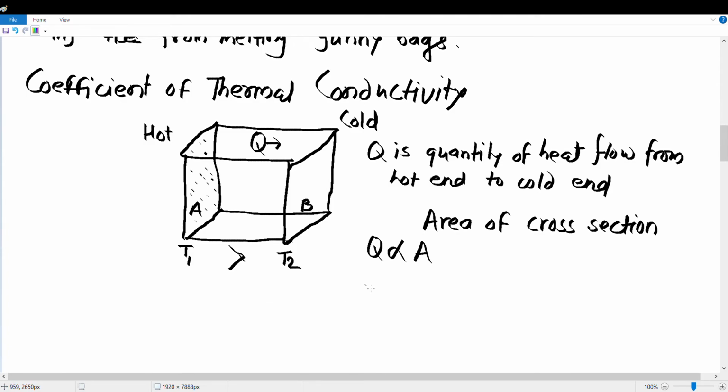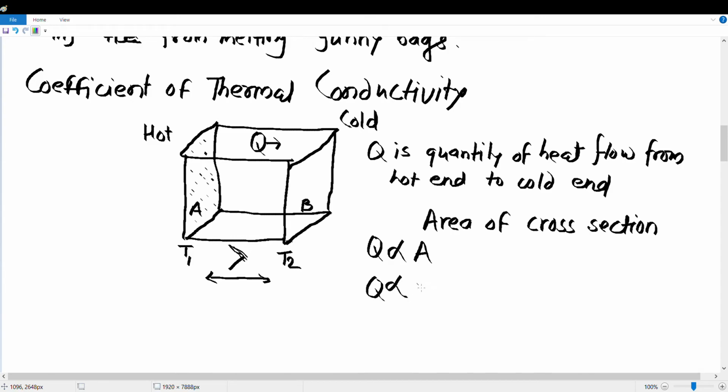The second parameter on which this heat depends is the temperature difference between the two faces. If this temperature T1 is very much greater than the temperature T2, then the amount of heat transferred from the hot end to the cold end also increases.